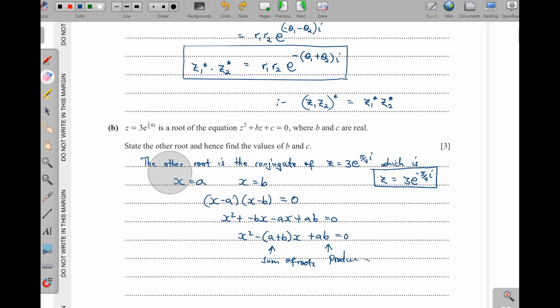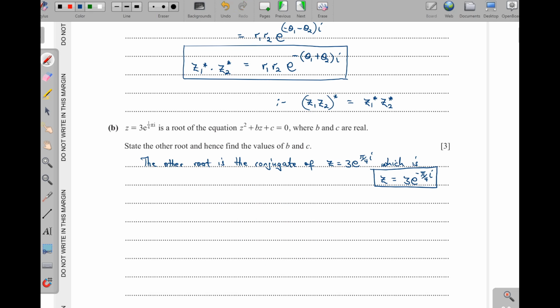So this implies that we are going to have, or you can move systematically, and you say if z is equal to 3e power pi over 4i, and also z is equal to 3e power negative pi over 4i, then you have z minus 3e power pi over 4i, and then the other one is z minus 3e power negative pi over 4i, which is equal to 0.